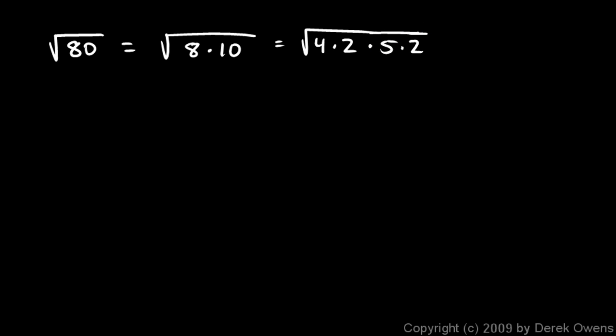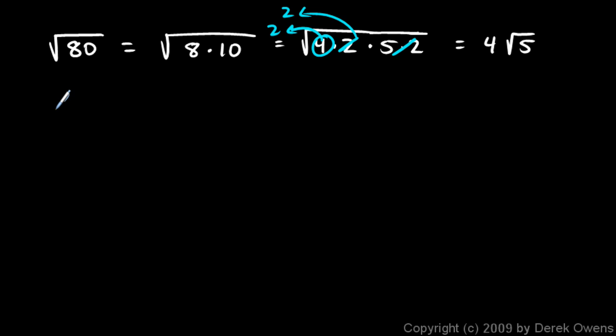Now look what happens here. The 4 is a perfect square, so it can pop out front as a 2. And this 2 times 2 is another 4. So those together are going to pop out front as another 2. So I'm going to end up with two 2's out here multiplied together, and the only thing left underneath is that 5. So I end up with a 4 out front, this 2 times this 2, times the square root of 5.